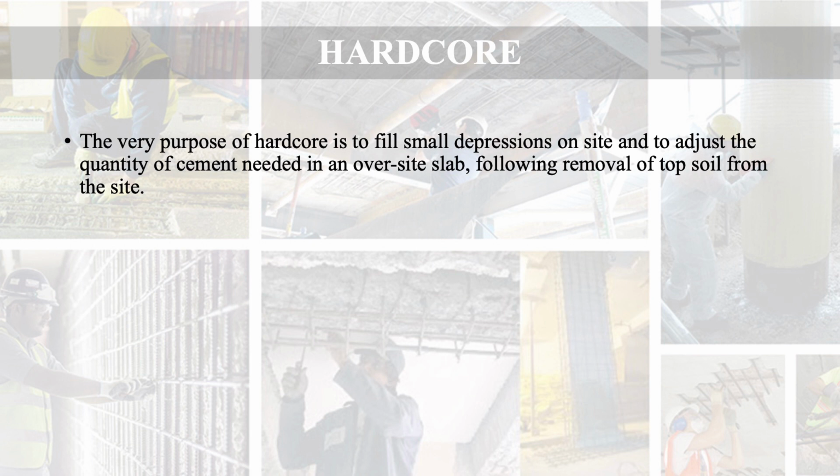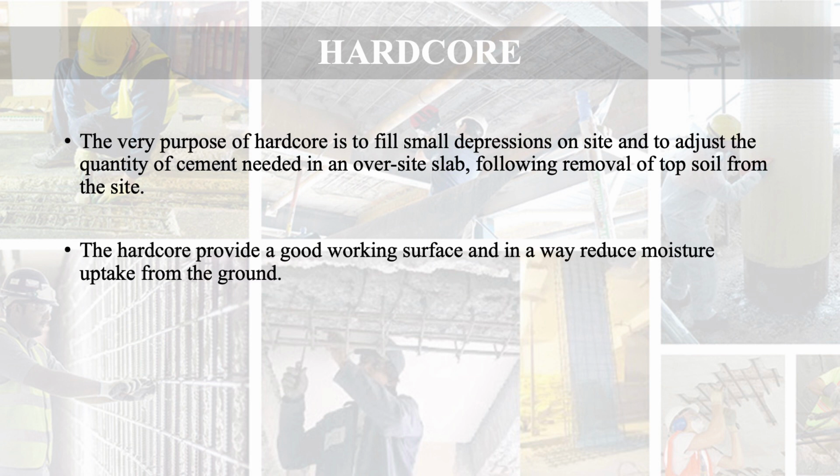The main purpose of hardcore is to fill small depressions on site and to adjust the quantity of cement needed in an oversite slab following removal of topsoil from the site. The hardcore provides a good working surface and in a way reduces moisture uptake from the ground.